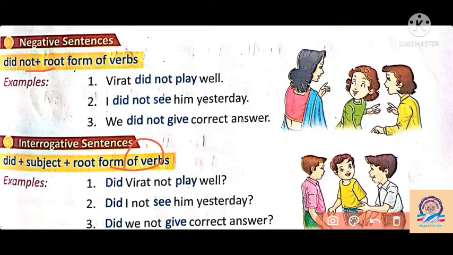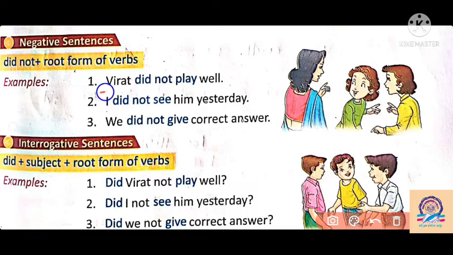We do not have to use the second form or past form of the verb, because we put did in the positive sentence instead of the past form. Since did is there, we have to use the present form of the verb. So for the negative sentence we write the subject, then did not, then the verb, then the object and other words, and last we keep a full stop.